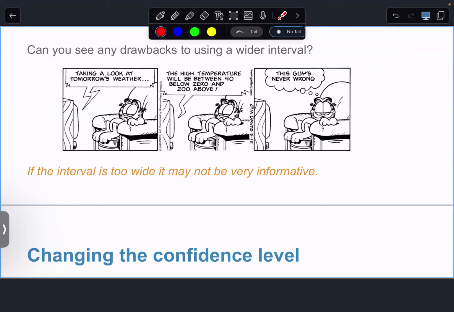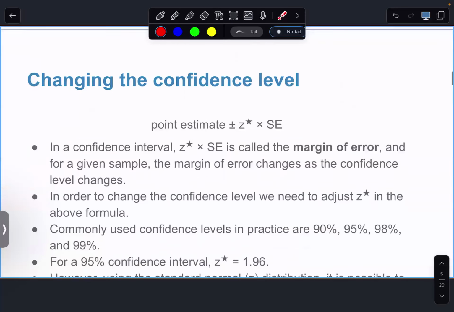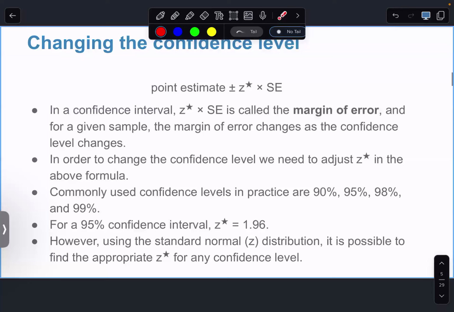This guy's never wrong. So not very informative, but very confident. I'll keep this slide on here, but we've already talked about the Z star changing the width of the confidence interval, and that's really all it's doing.